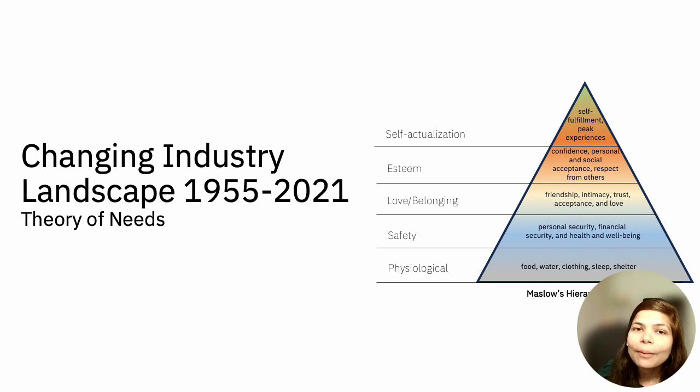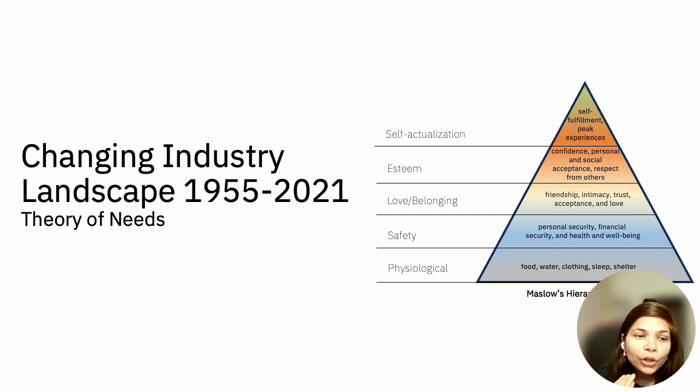Instead, if you're thinking about launching a product or service in the esteem or love belonging category, your customer segment will be different, and accordingly, your marketing strategy will vary. Having clarity and understanding of Maslow's hierarchy of needs and using it to assess needs and customer segment really guides you in building a successful marketing strategy for your product or service.